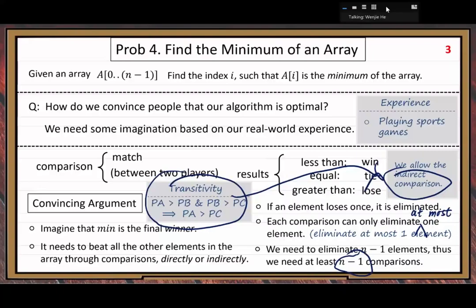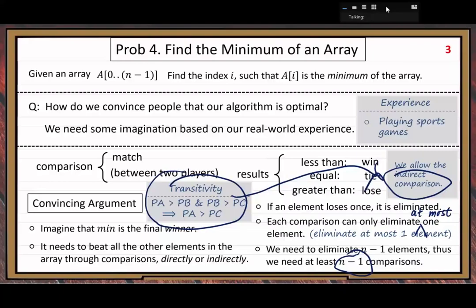We make it. So you can tell people this algorithm is optimal. Nobody can improve it. Even unknown algorithms cannot beat this one in the future.